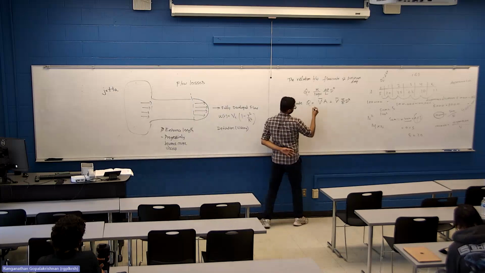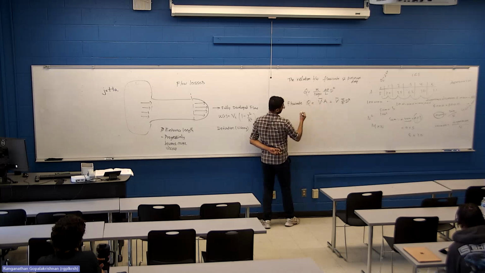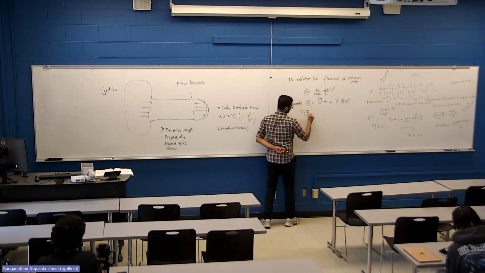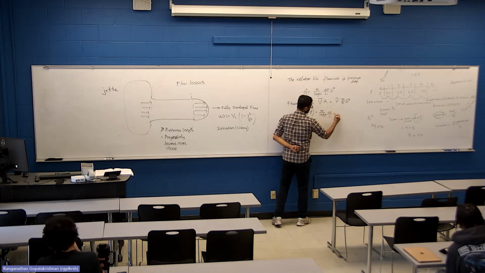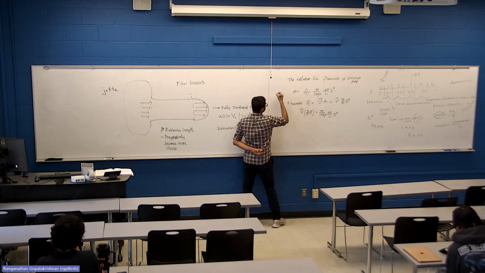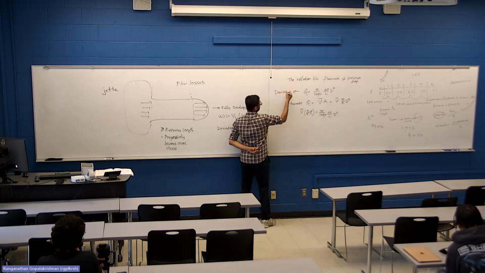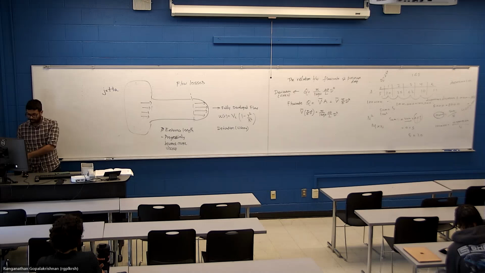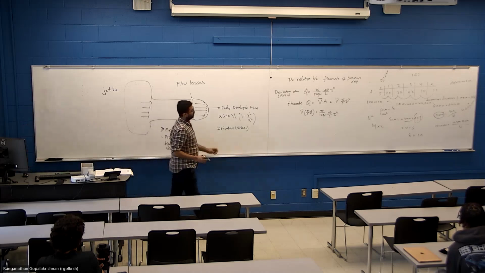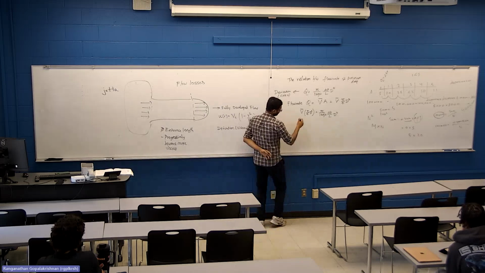So if you use this average velocity for the flow rate, we can write V bar times pi by 4 d squared equals pi over 128 mu times delta P over L times d to the fourth. And this derivation, again, is something that I ask you to watch in the recorded lectures. I need this relation to make a point, so just stick with me here.